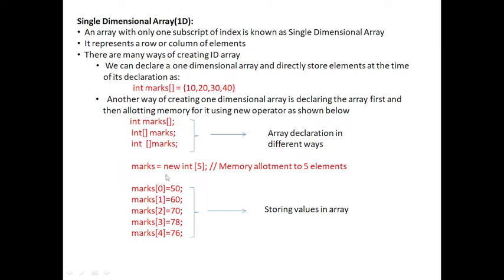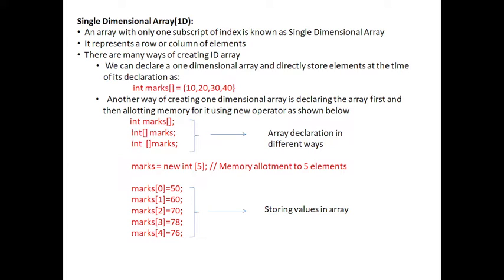The size of this array is 5. Whereas in the previous case we have not done this, it is automatically done: based on the number of values you assigned, the size of the array is defined. But here we are separately defining the size of the array.